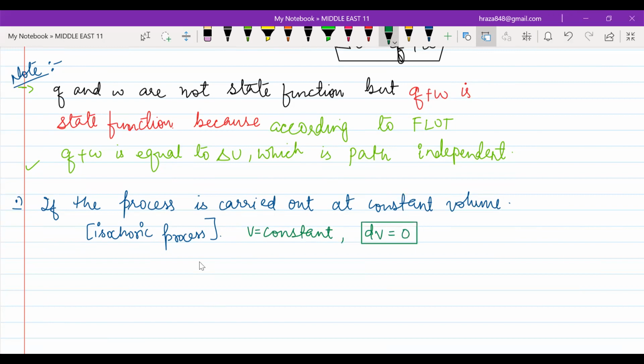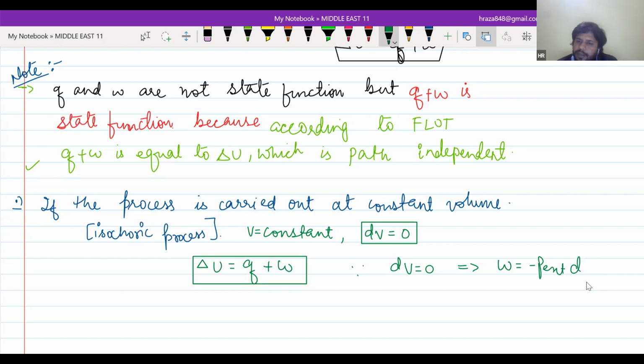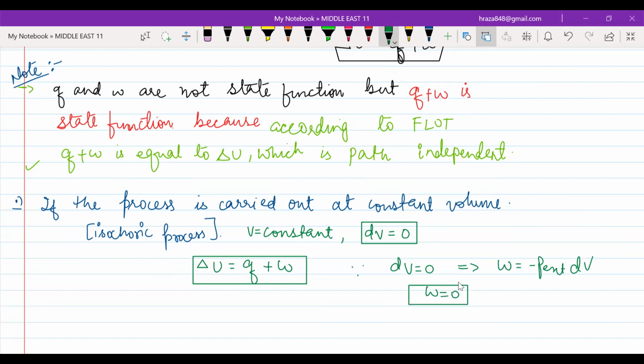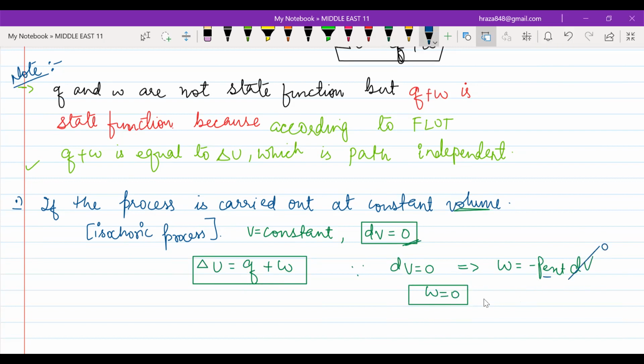And we already know from the first law of thermodynamics, delta U is equal to Q plus W. If dV equals 0, then work done, P external into dV, will be 0, since the change in volume is 0. Work has the formula minus P external into dV, and this value is 0, so work done is 0.